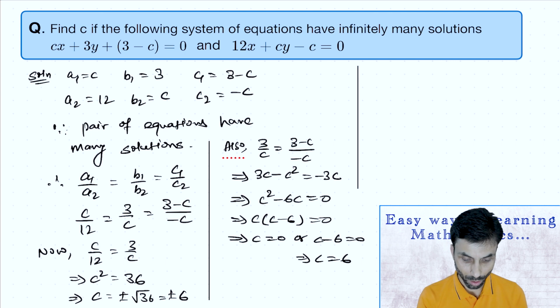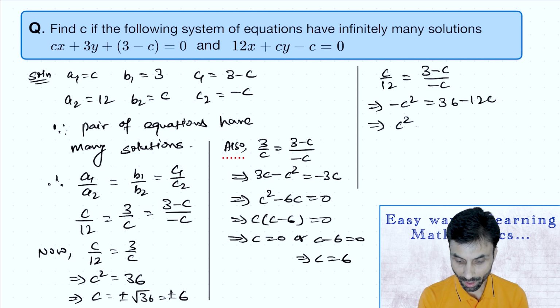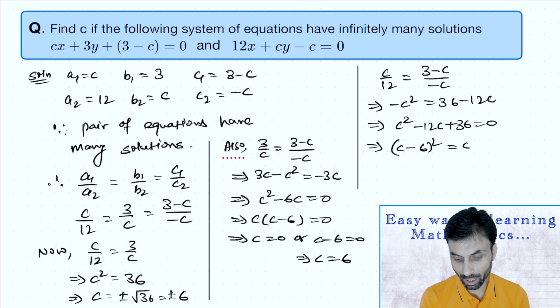Now, also we can take the first and last, that is C upon 12 equals 3 minus C upon minus C, and when we cross multiply, we will get minus C square equals 36 minus 12C, which will give C square minus 12C plus 36 equals 0, which on factorization gives C minus 6 whole square equals 0, which means C equals 6.